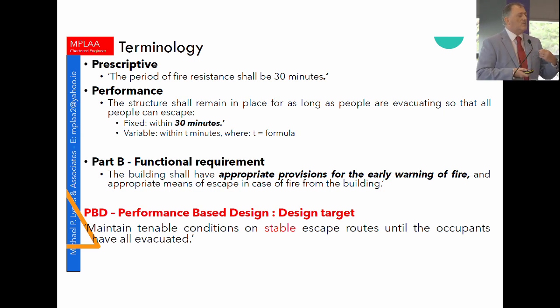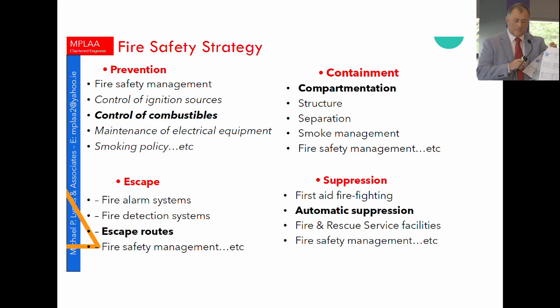You must calculate how long it actually takes for the occupants to leave this room, to get to the storey exit, to go down the staircase, and then all the complications of everybody else in the building using the same escape routes at the same time. You must figure it all out when you do a performance-based design, and then you must present it so that it's convincing to an assessing fire officer.